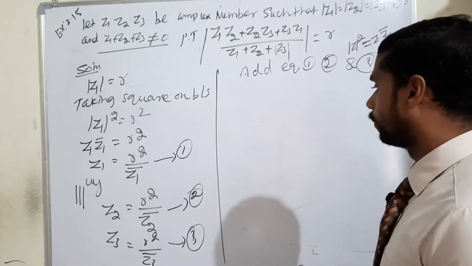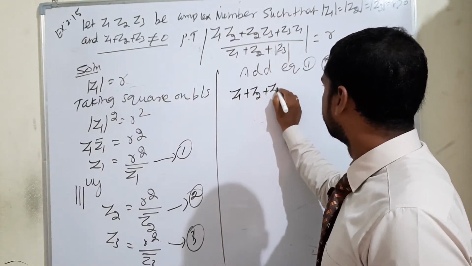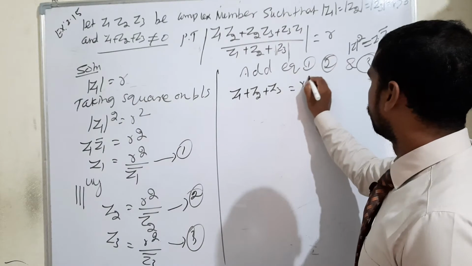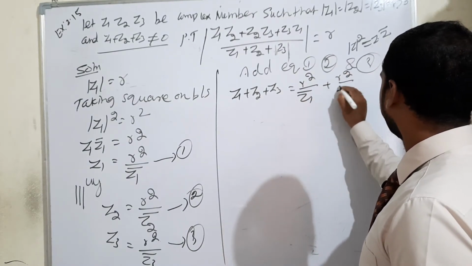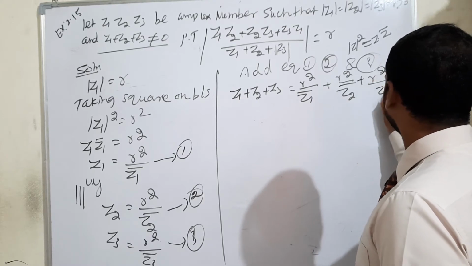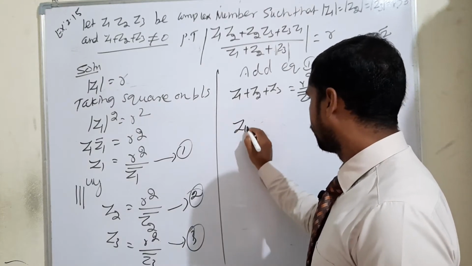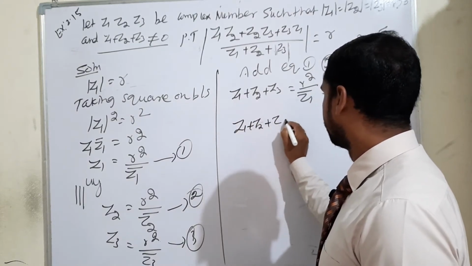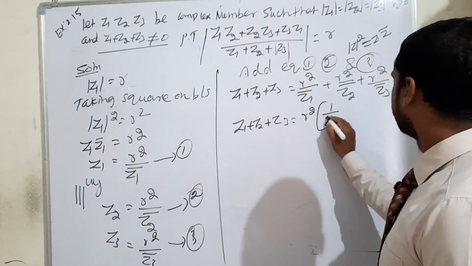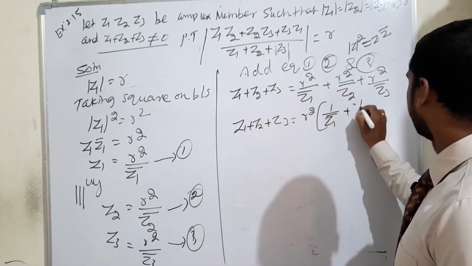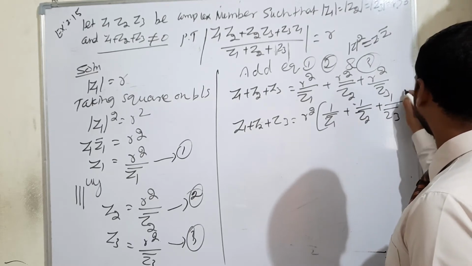Z1 plus Z2 plus Z3 is equal to R square by Z1 bar, then R square by Z2 bar, then R square by Z3 bar. Then Z1 plus Z2 plus Z3, taking R square common outside, inside we have 1 by Z1 bar, then 1 by Z2 bar, 1 by Z3 bar.